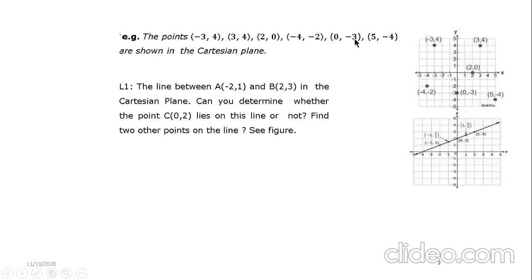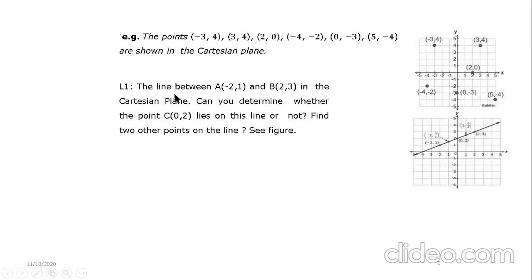The next point, 0 and negative 3, you don't move on the x-axis because x is 0, and you move on the y-axis negative 3, which is this point. The last point, 5 and negative 4, you move on the x-axis 5 units, and on the y-axis negative 4 units.